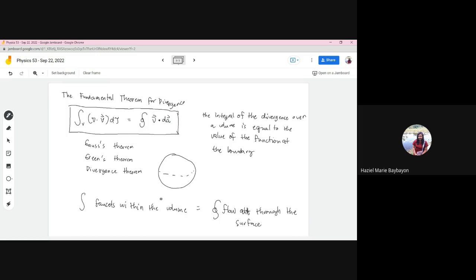So you have faucets pouring out liquid. It is equal to going to the boundary, measuring the flow at each point, and just adding it up. Okay?